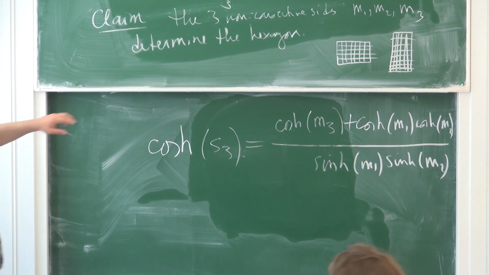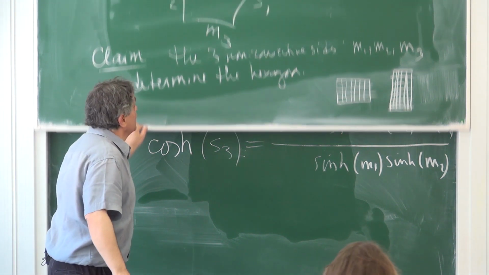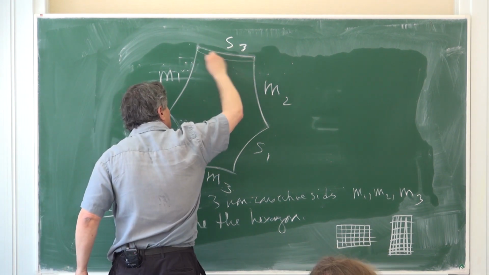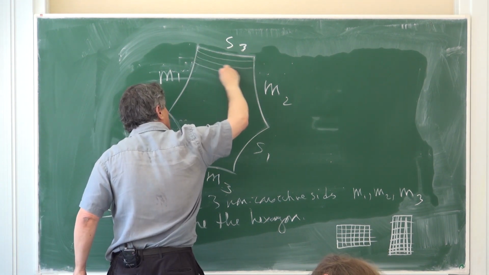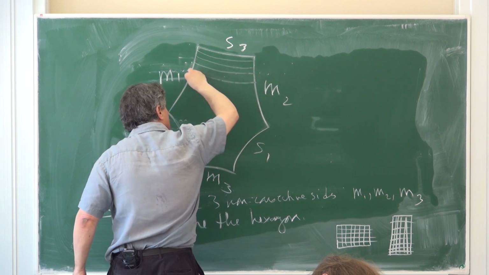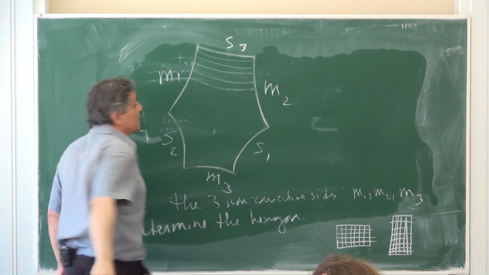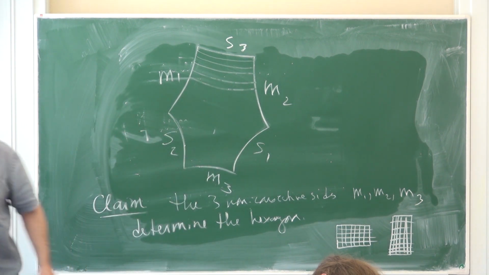Here you don't have foliations like this. In fact, what you hope to use here is foliations by equidistant curves, which are not geodesics.